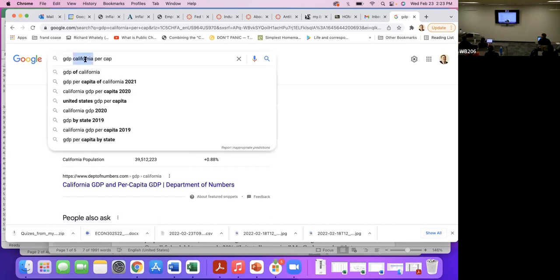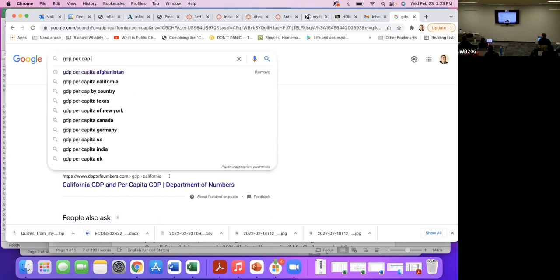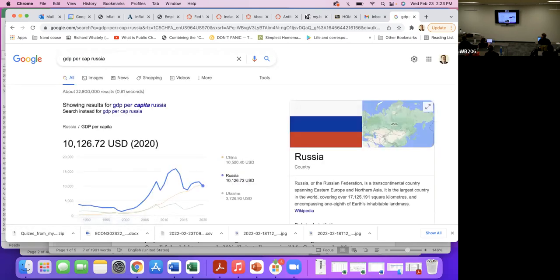The GDP per capita of California is around $79,000. GDP per capita, Russia, is around $10,000. The average Californian has 8 times the income of the average Russian. But they have to pay to live in California. What about Ukraine?